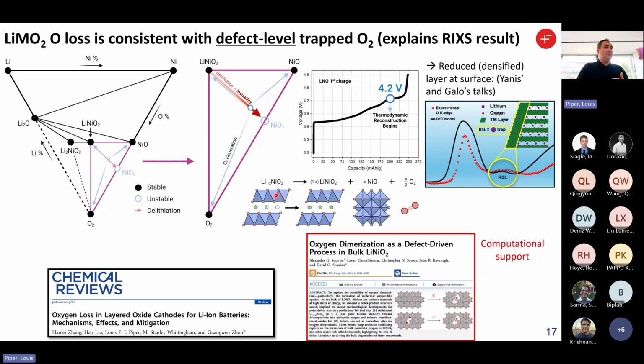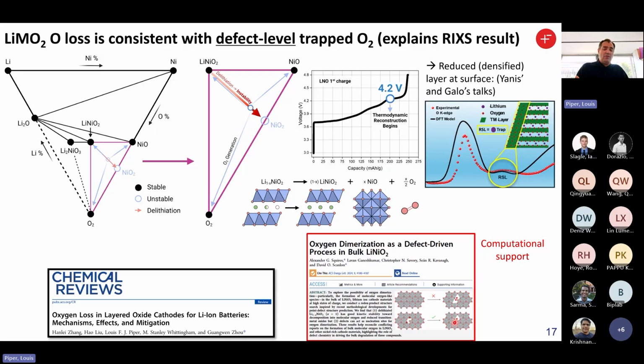But that same argument with regards to that instability also means that when you're doing synthesis, there is a tendency for it to form. There is an argument where, from DFT calculations, you find what energy states are favorable, and you do find certain types of defects where you have this configuration of a nanopore with a trapped O2 molecule, which is actually one of the more favorable states at the defect level.